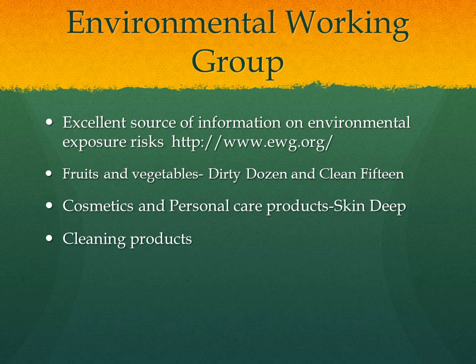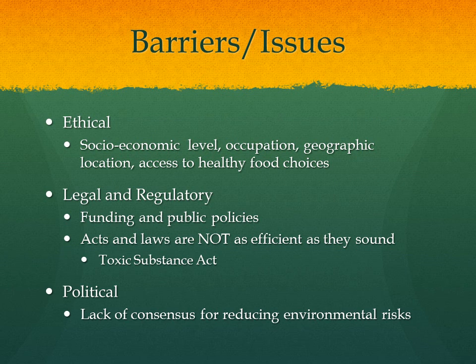There are many barriers as to why we are not decreasing our use of pesticides. Ethical barriers are socioeconomic levels, people's occupation, and geographic locations. They might be in areas where there's an increased amount of pesticide exposure, and also access to healthy food choices. As Jess was talking about the Clean 15 and the Dirty Dozen, there might be people that have no access to the Clean 15 and their only choice is the Dirty Dozen.